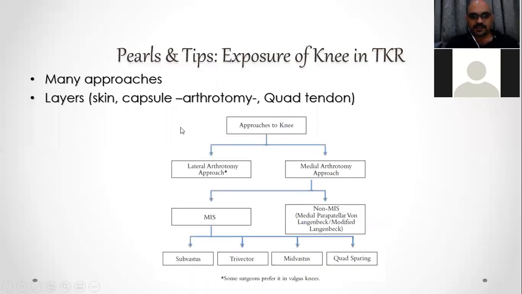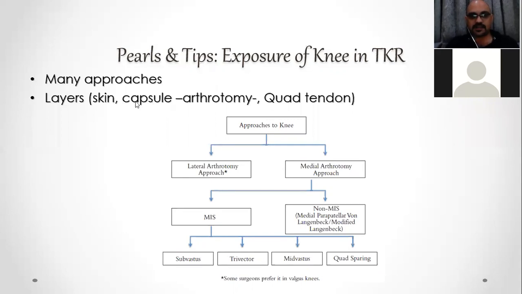This is a simple schedule that shows the approaches of the knee regarding the capsule. We start with the lateral arthrotomy approach, which is used by many surgeons in valgus and severe valgus knees, and the medial parapatellar approach.